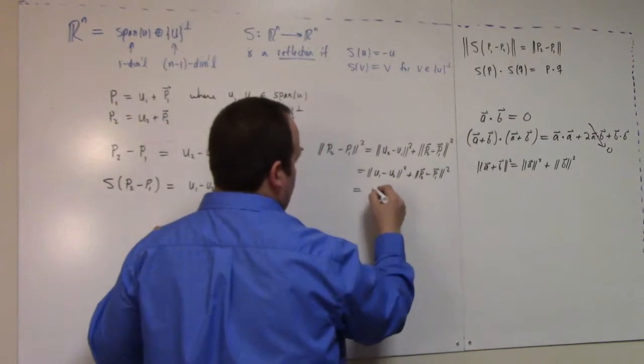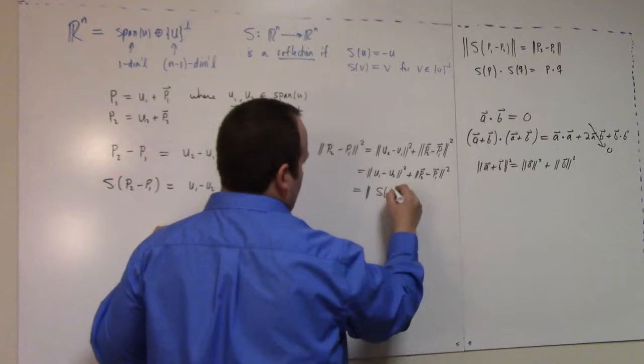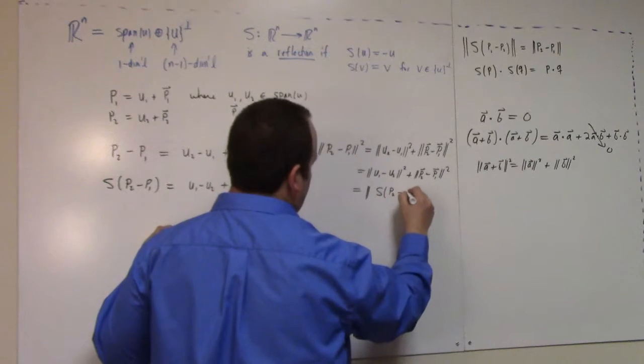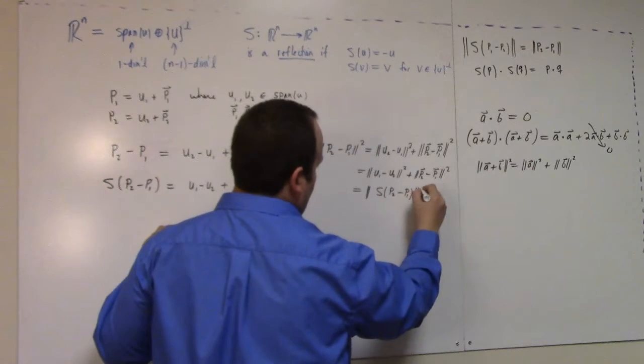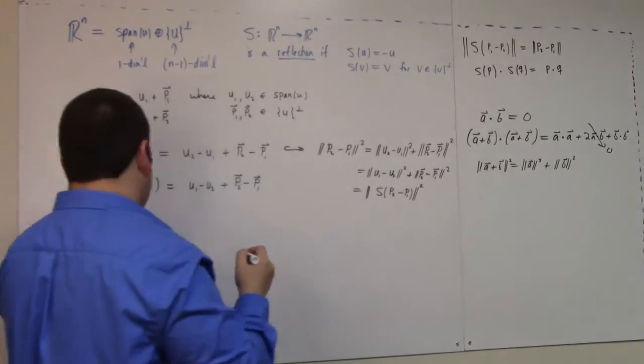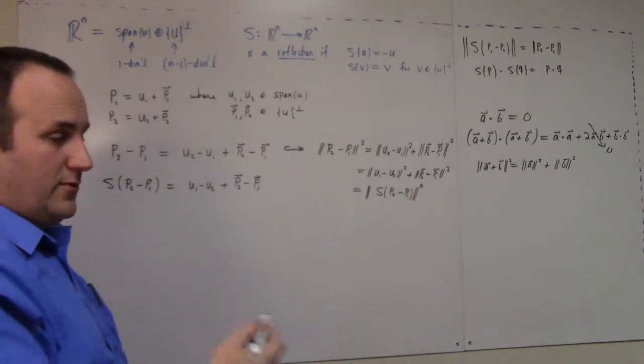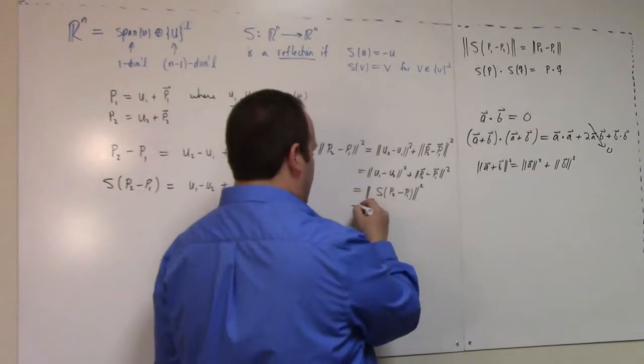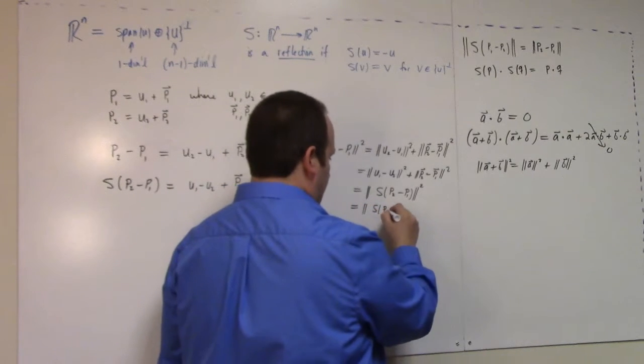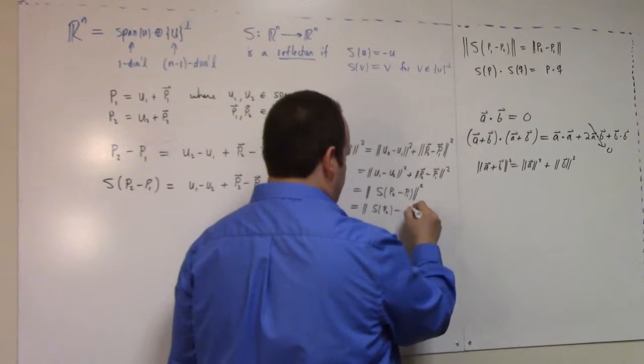Which is the length of the reflection acting on this, right? Or I mean, I said it like that, but of course the reflection is a linear transformation, so you could also write this, right?